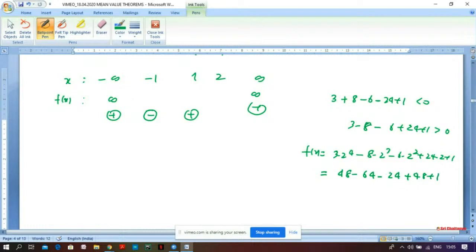So this happens to be positive. So the signs are: negative infinity, of course, positive because the power is even; positive infinity, again positive. Then negative, positive, and positive.